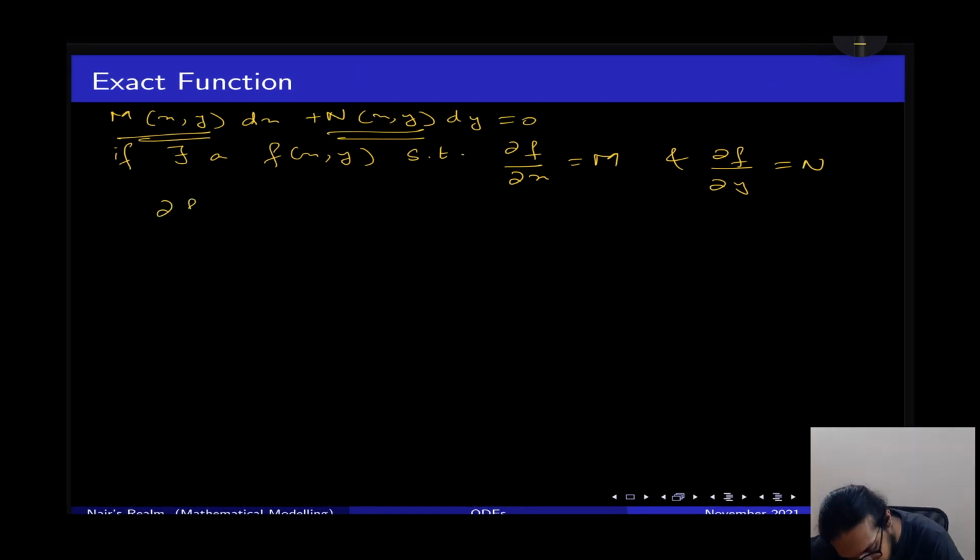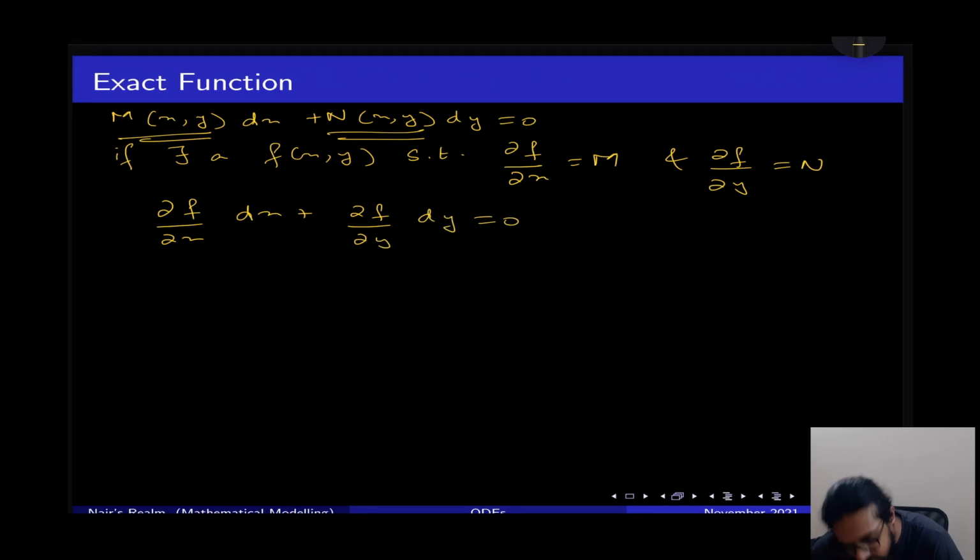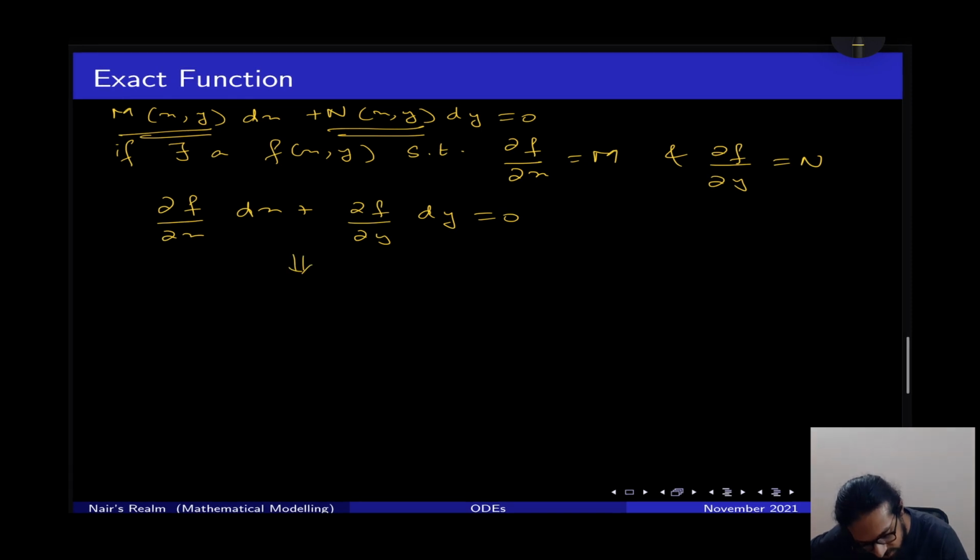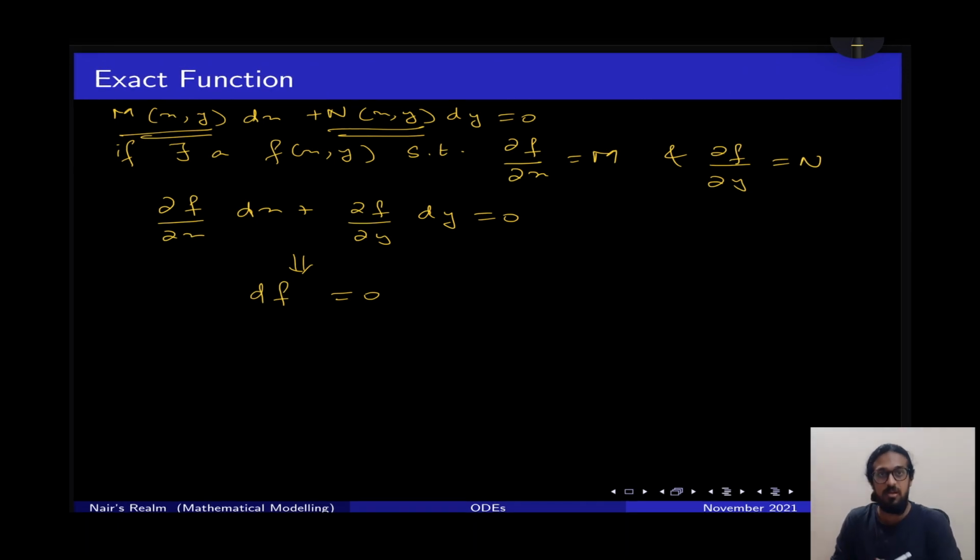Then we can write dou f by dou x times dx plus dou f by dou y times dy is equal to 0. If you notice, this is actually nothing but df is equal to 0, the differential of that function f.